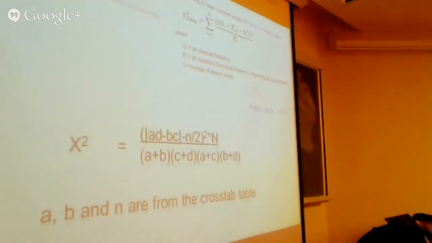You take away half of every one of these computations, named after Frank Yates, who did this in the 30s. Again, I don't need you to do this. Just be aware of what it is and when we would use it. I don't need you to know Frank Yates is 1934. It's called the Yates continuity correction, and it's applied when the expected values are less than 5. And maybe that it's a conservative estimate.